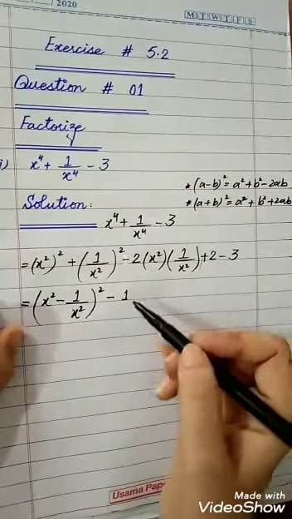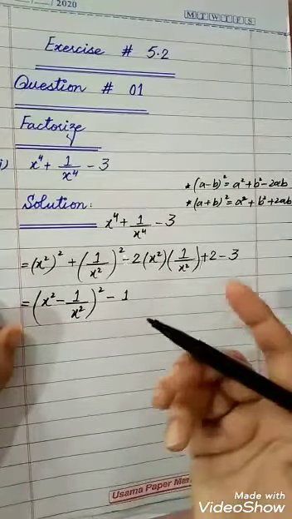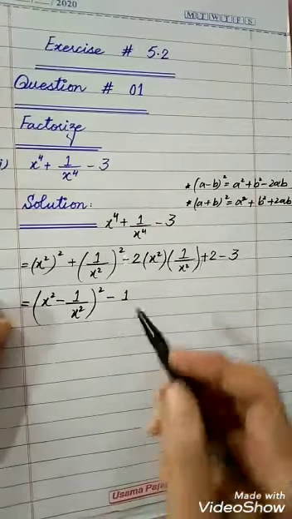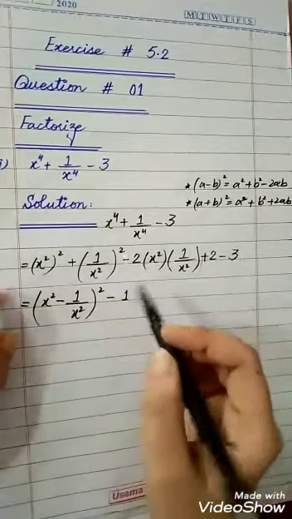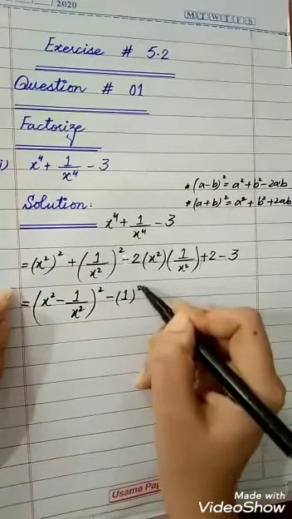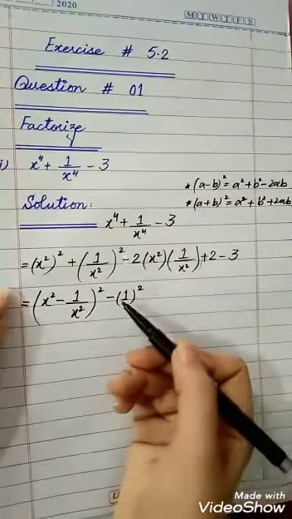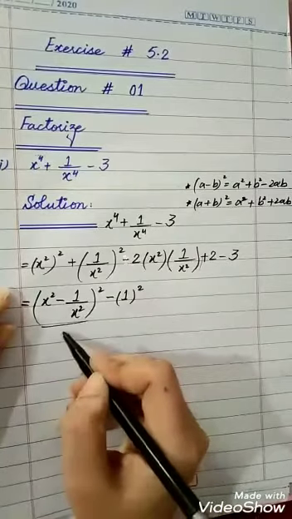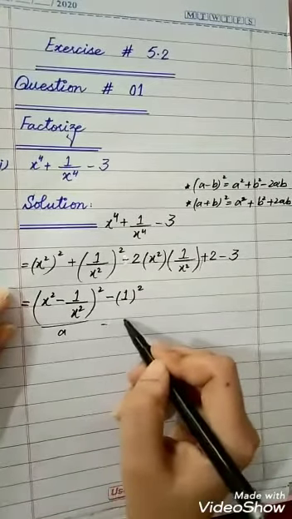Students, as you know, if we take the square of 1, the cube of 1, any power of 1, even 0, then we get 1 the same, so no effect is there. So we can take the square of 1 as well to make a formula. Now we will consider that this is a and this is b.